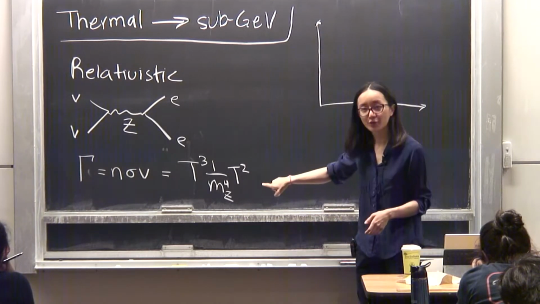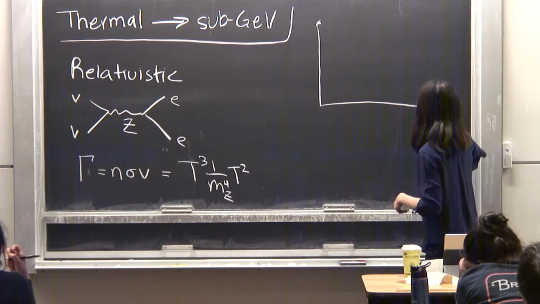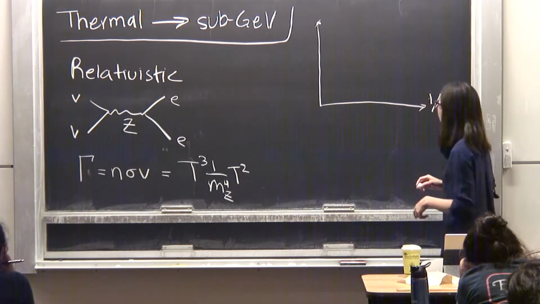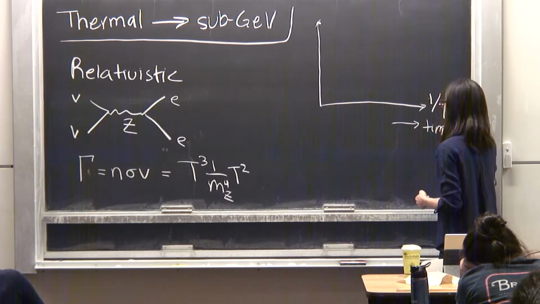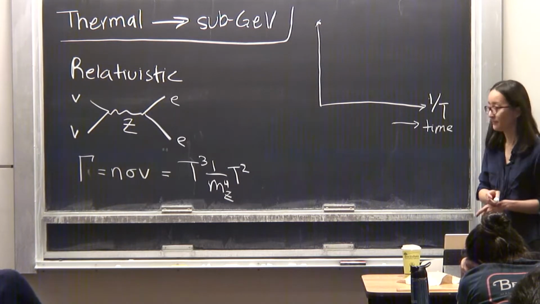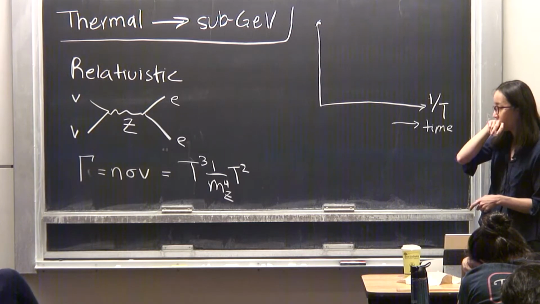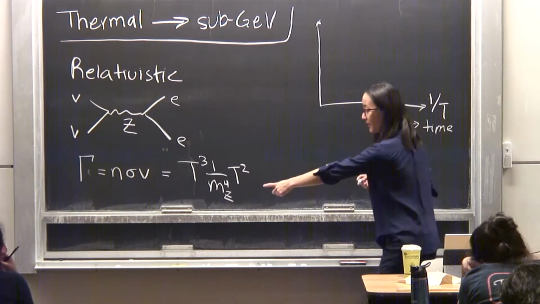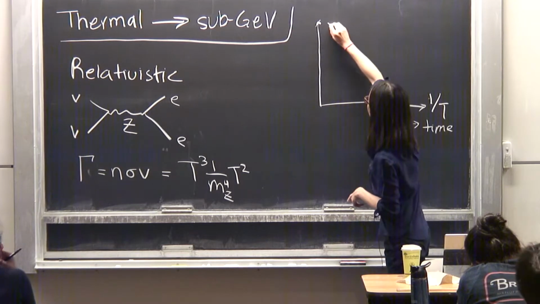And we can compare this rate now with Hubble. So this is time going to the right, which I can also track by 1 over T. This rate of annihilations goes as T to the 5.